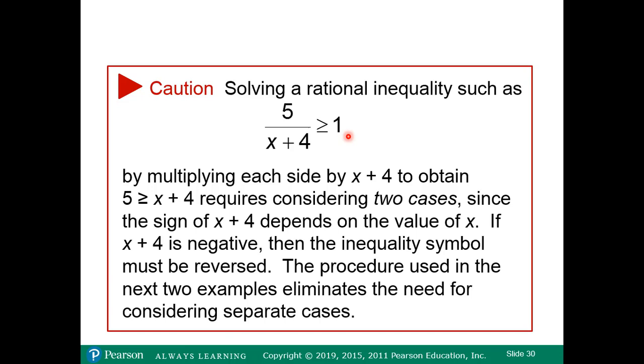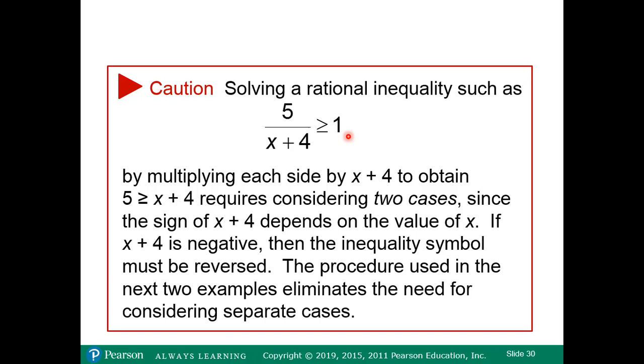Because if x plus 4 is negative, then we have to switch the symbol since we just multiplied both sides by x plus 4. Well, we don't know if x plus 4 is negative or positive. It depends on what x is.